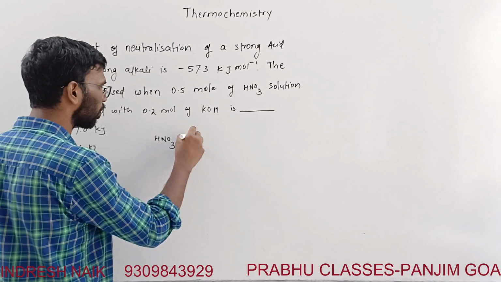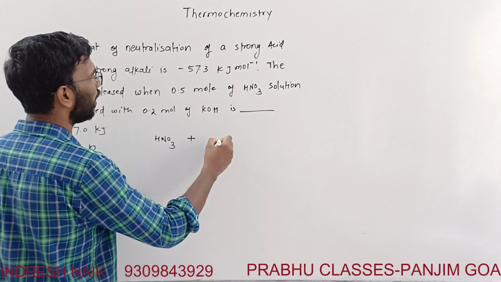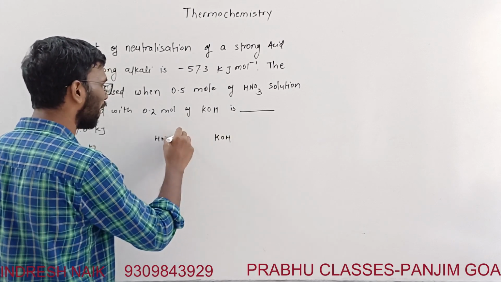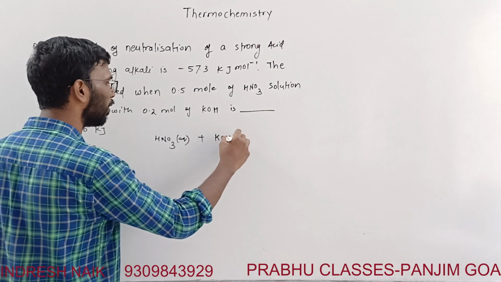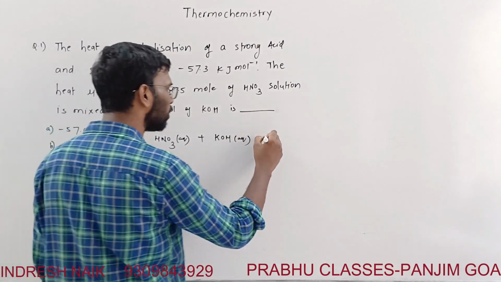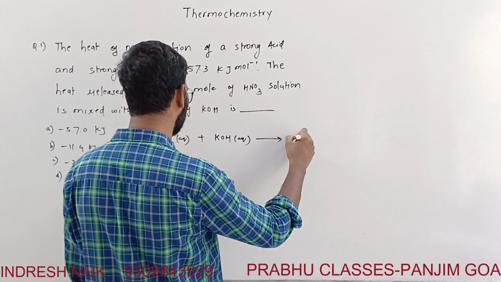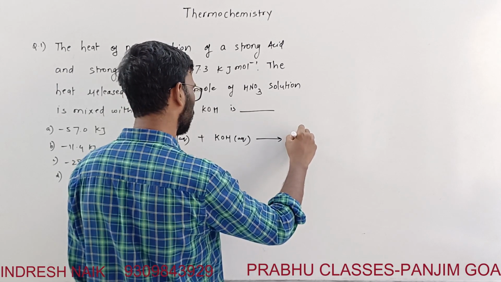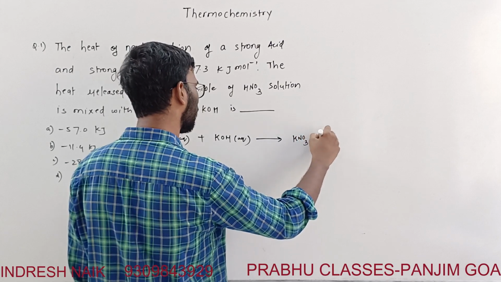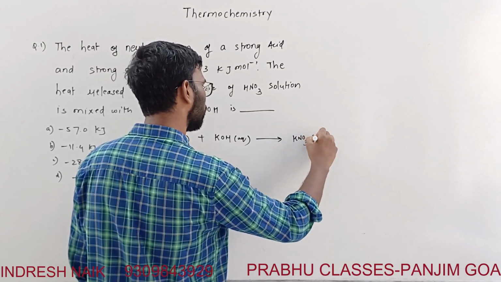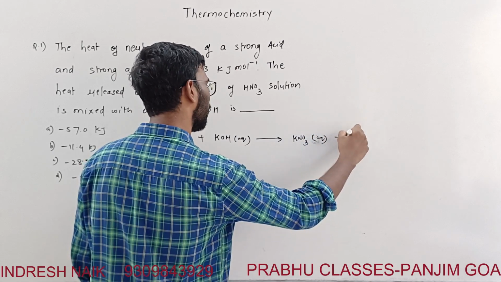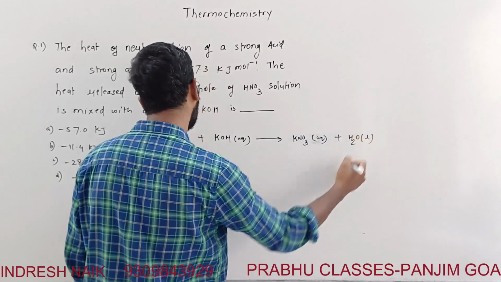HNO3 is a strong acid, and potassium hydroxide is a strong base. What you get is this salt, aqueous, and water.